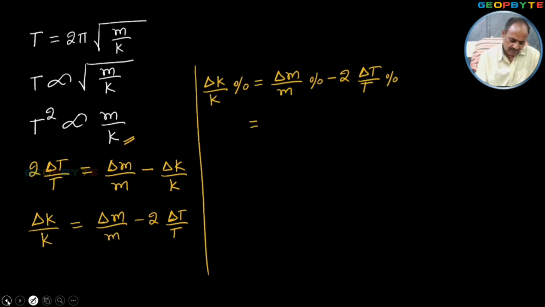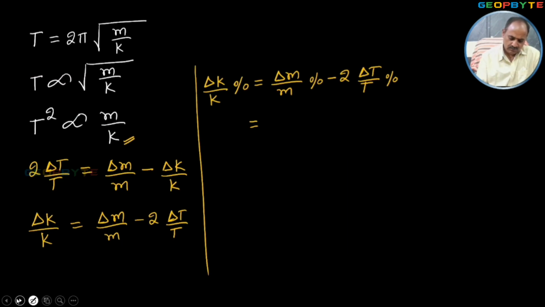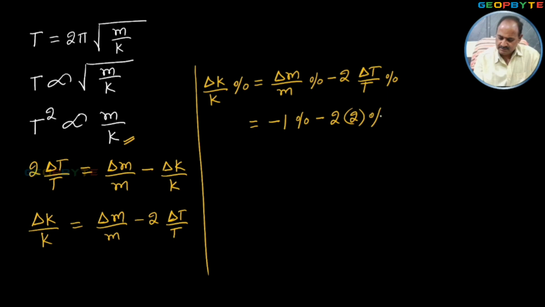It is given that delta M by M is minus 1 percent and delta T by T is 2 percent. So minus 1 percentage minus 2 times the 2 percentage. You simplify this value, minus 5%.